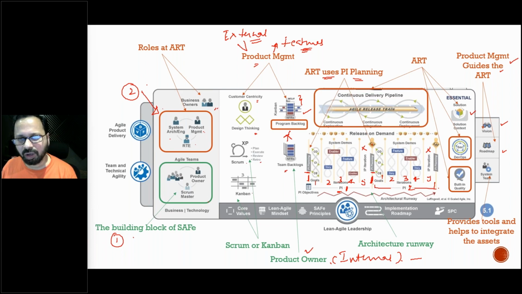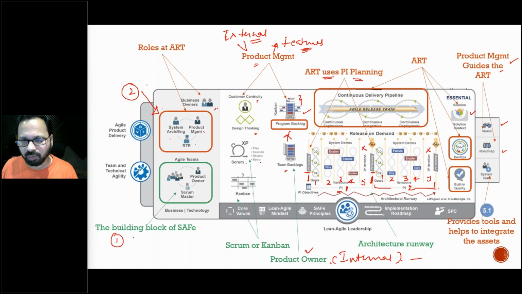The overall ART uses DevOps for delivering the value quickly by doing some automation, doing continuous integration, continuous deployment, and all of that, and release on demand, as well as they implement security. That is why there is a security, DevSecOps, continuously.